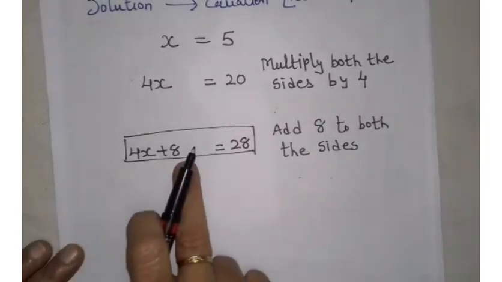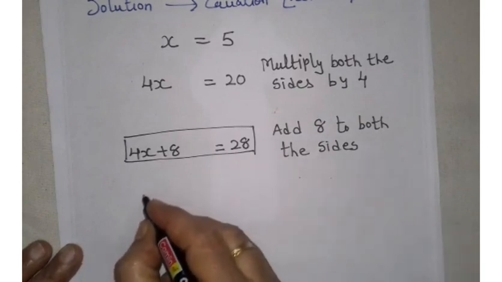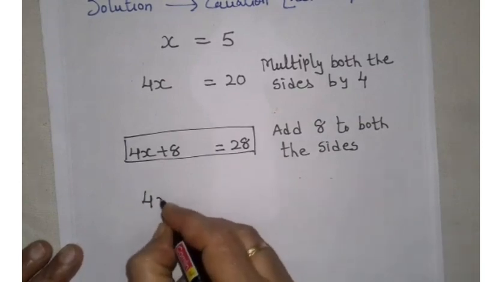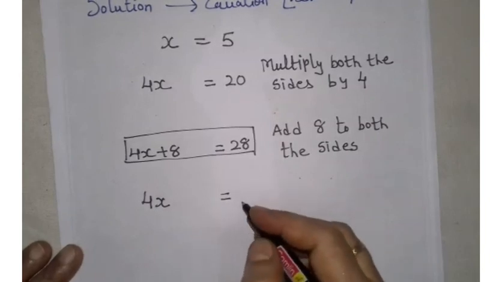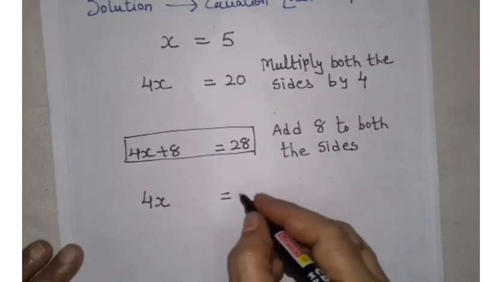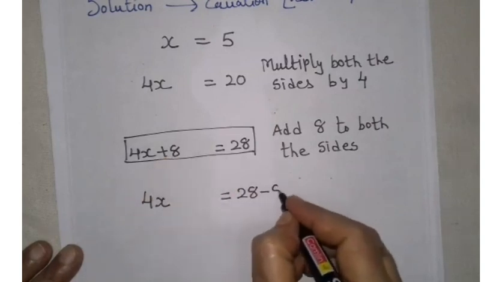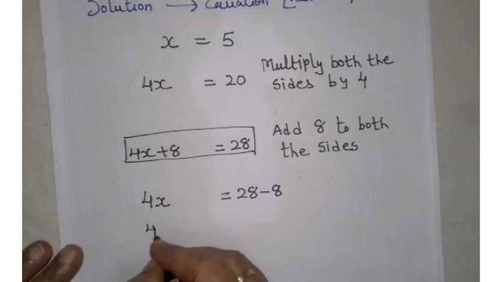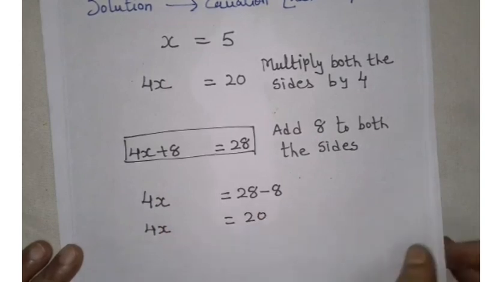So 4x plus 8 is equal to 28. Now children, you all know how to solve the equation by the transposing method, means changing the side. So 28 minus 8, here it is plus 8 and it becomes minus 8. Now 4x is equal to 20. Clear?